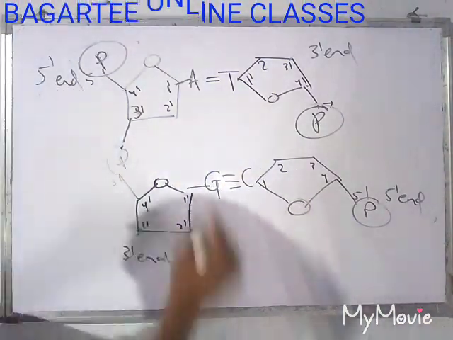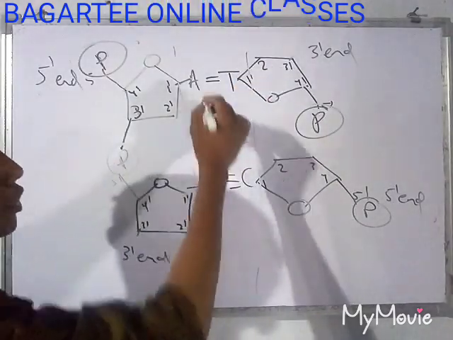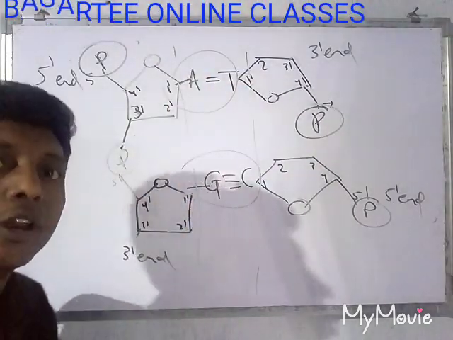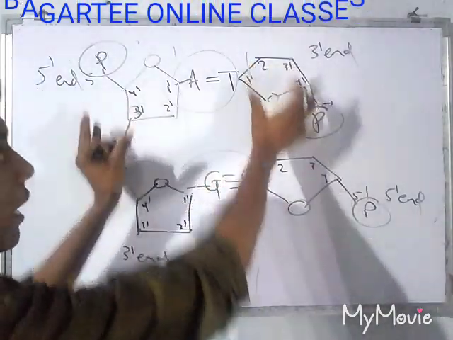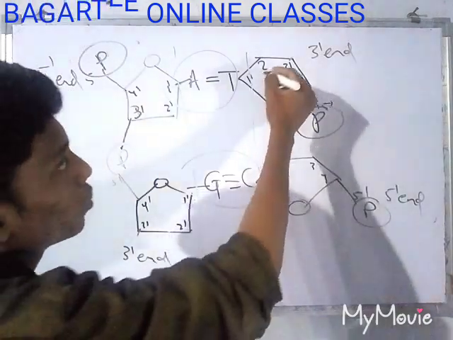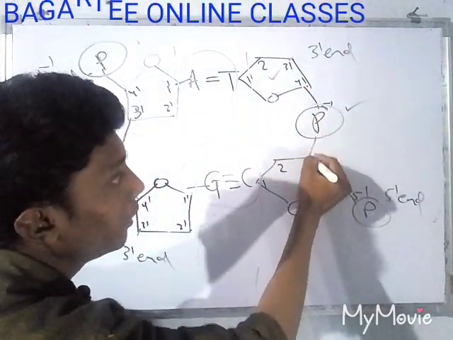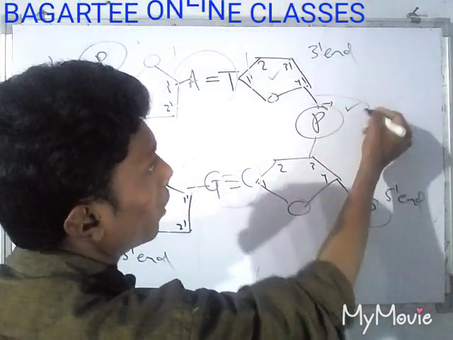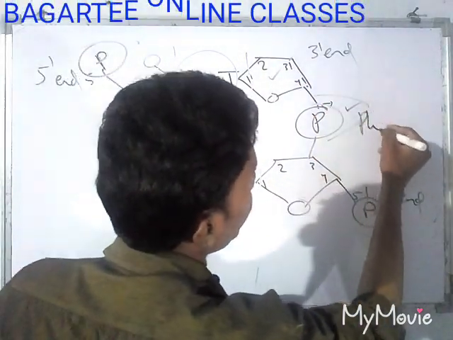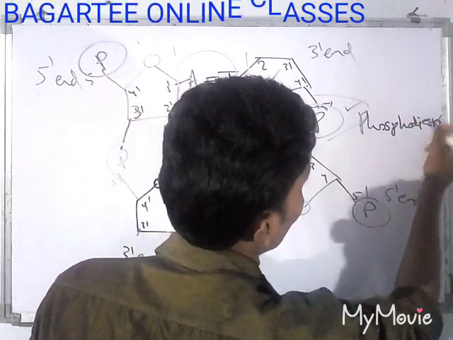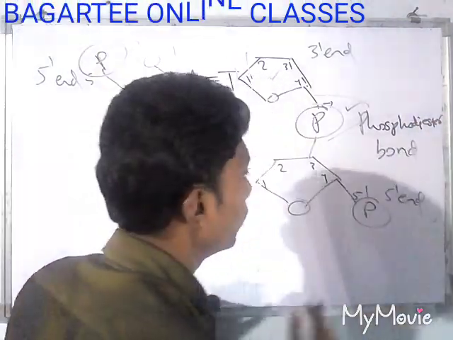And here you can see the core of the DNA is consisting of nitrogenous bases, that is purines and pyrimidines, whereas the strands, the backbone, are a sugar phosphate backbone. Here it is sugar, here phosphate, and the bond between two nucleotides is called the phosphodiester bond.